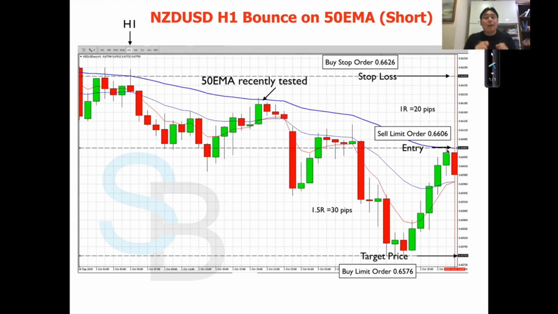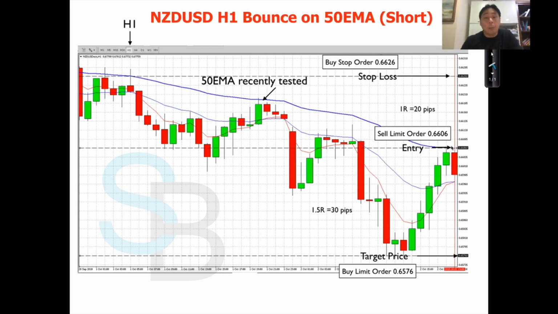If you're more conservative, wait for the price to hit the moving average, and once it penetrates, put a sell stop order. Sell stop order means you sell when the price goes below a certain price or lower. You can also do that. Sell order at 6606, whether you want to sell limit or sell stop, up to you.